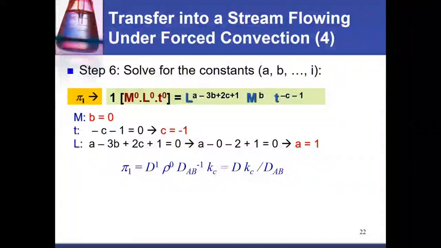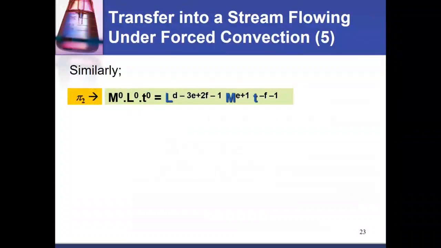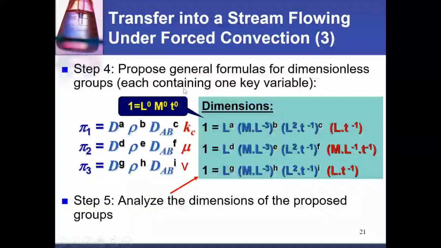Okay, and we do the same for pi2. For pi2 the power on the left hand side should be 0, and also on the right should be 0. If you go back here, pi2 equals DAB to the power D, rho to the power E, and DAB to the power F times mu. And this should be: L, D minus 3E plus 2F minus 1, should equal 0.